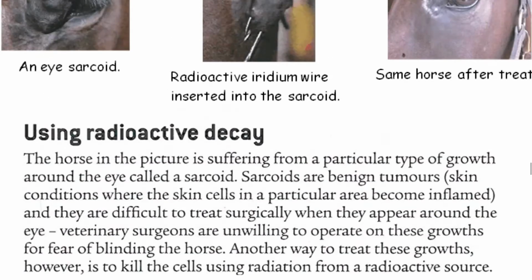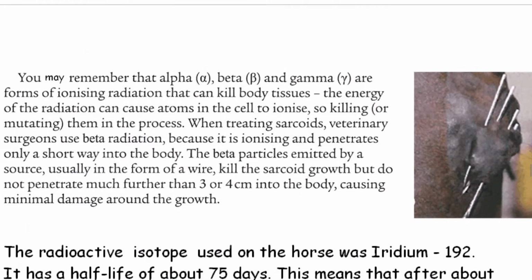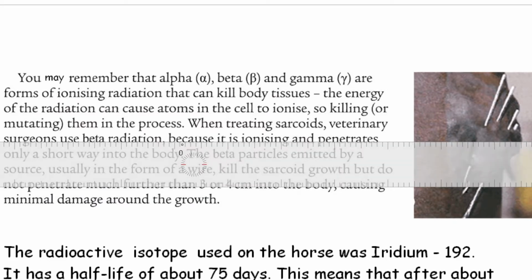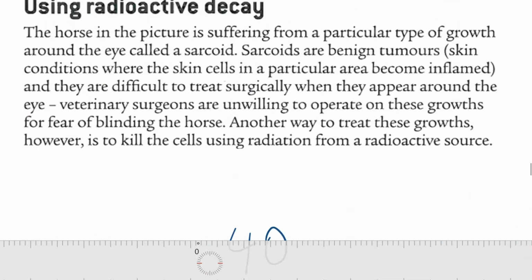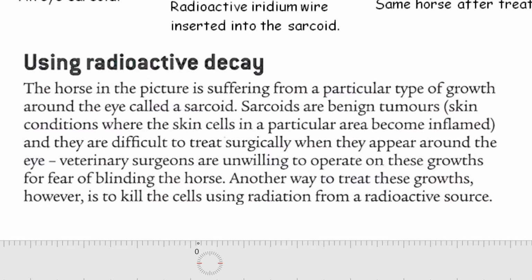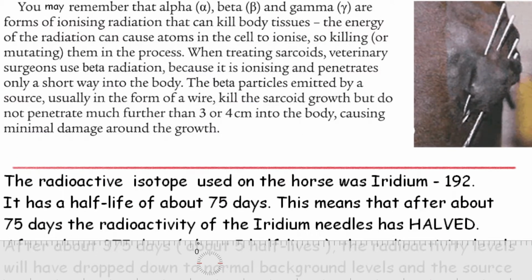I'd just like you to read the rest of page 40, and I'll put a line across the page where I want you to read just down to there, and learn how this particular radioisotope, I believe it's iridium, is used to treat horses with this particular medical condition. So just pause the video now, and when you get to this line, press play again.